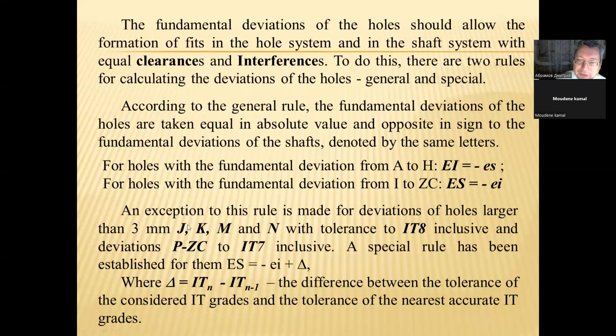It's for fundamental deviations J, K, M, N with tolerance to IT8, and from P to ZC with IT grades to 7 inclusive. Where delta is equal to IT grade n minus IT grade n minus 1.